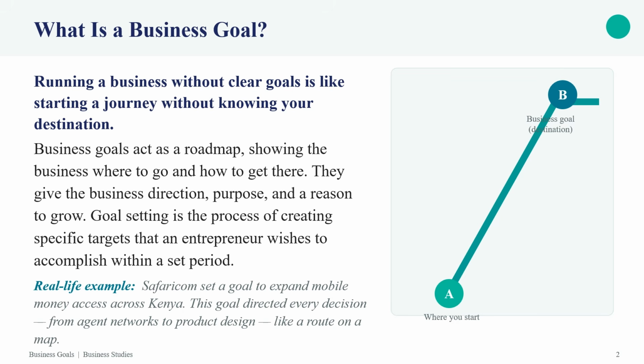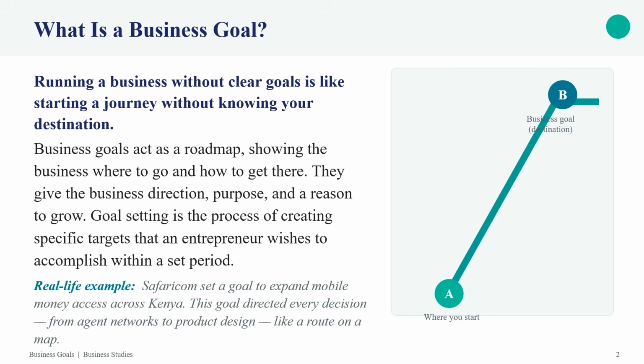So again, goal setting is the process of creating specific targets that an entrepreneur wishes to accomplish within a set period. So jiwekea target fulani in which wewe wataka kuzimaliza in a certain period. And after 2 years, I want to get this and this.